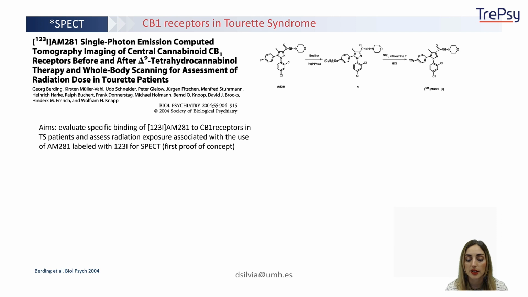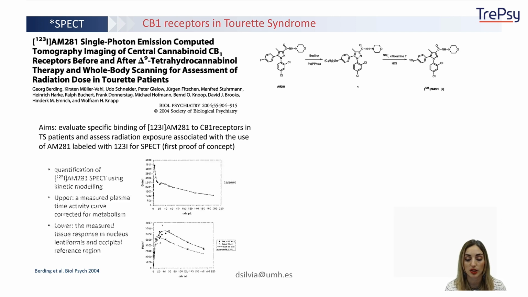This is the tracer. It's based on, as I said, almost all of them are based on iodine 123. So in this paper, the authors quantified the distribution of the tracer using kinetic modeling. In the upper plot, there is the activity curve over time in the plasma.